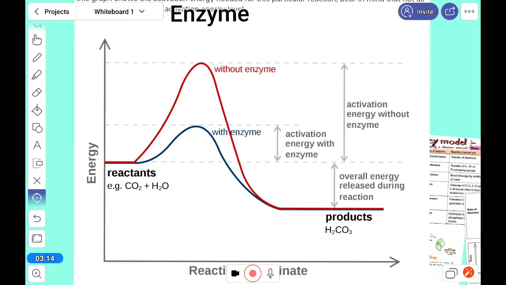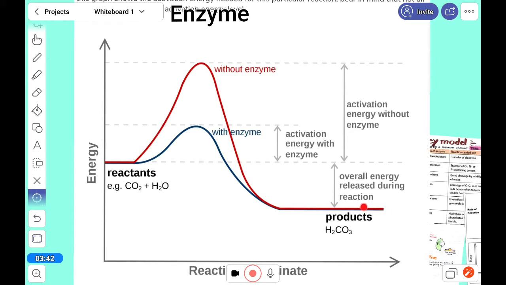The blue line is the activation energy with enzyme, which is much lesser than the energy without enzyme.